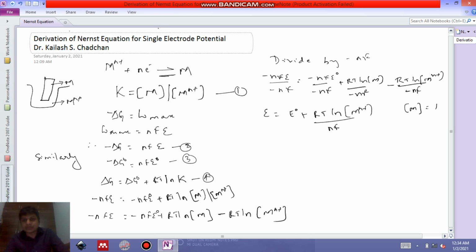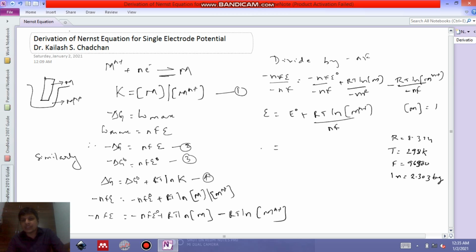Now to further simplify this, we know the values of R, which is equal to 8.314 joules per Kelvin per mole. T, standard conditions means 298 Kelvin. And F is Faraday's constant whose value is 96,500 coulomb per mole. And we know that ln equals 2.303 log.